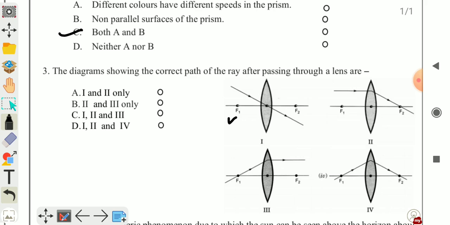But fourth is wrong. So correct answer will be C. First, second and third are correct path of ray after passing through lens. Next question.